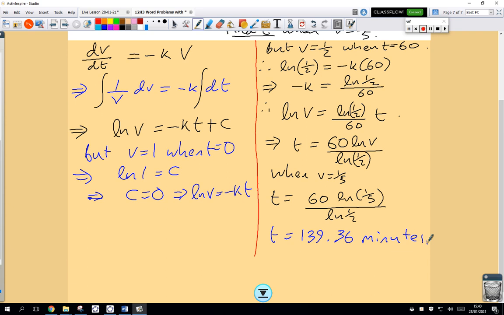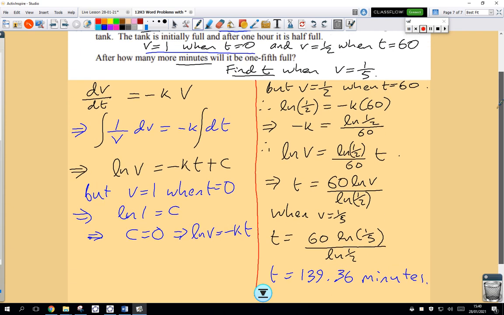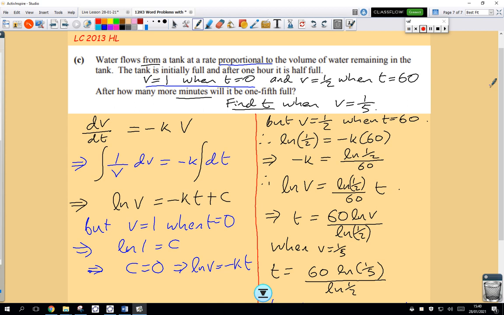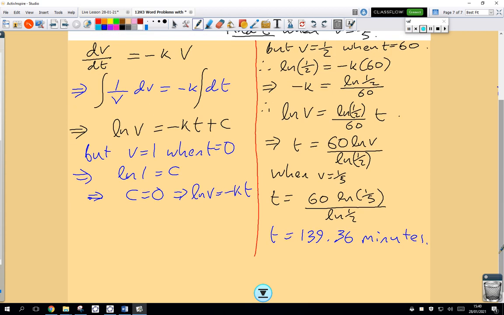Okay? Now I'm just going to go back and check something in the question. It doesn't say how many minutes will it be full. It actually says how many more minutes, and how many more minutes after an hour. So it tells me in an hour it's half full. How many more minutes, that word in there, easy to miss. Well, all I want to do is say, how many more minutes after 1 hour is this? So I'm just going to say 139.36 minus 60.